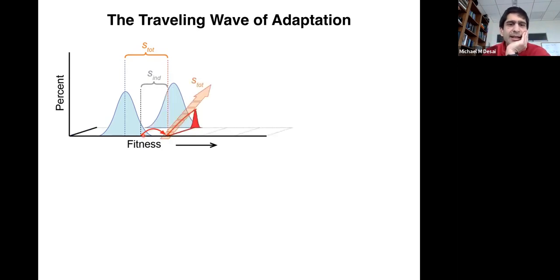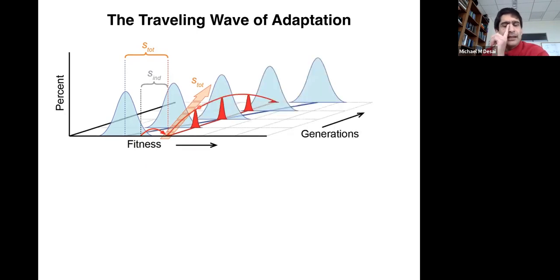So for example, this is a modestly beneficial mutation that occurred on a better than average genetic background, generating a highly fit lineage that started to increase in frequency. Over time it increased in frequency, but all the other lineages in the population eventually caught up and overtook this lineage. So then it eventually went extinct.